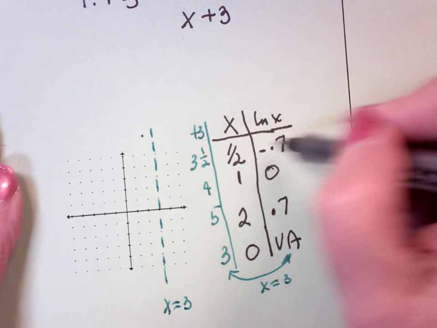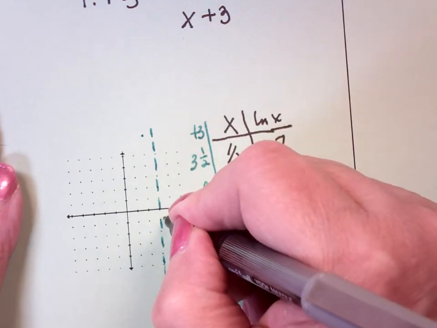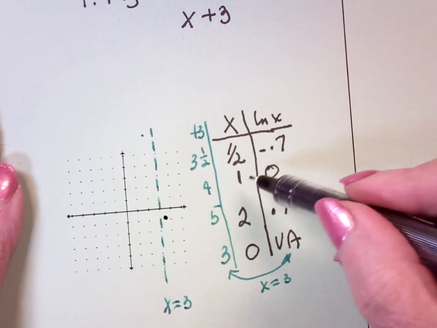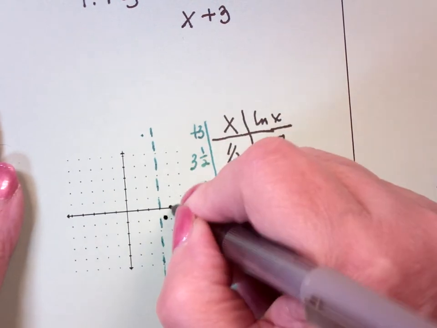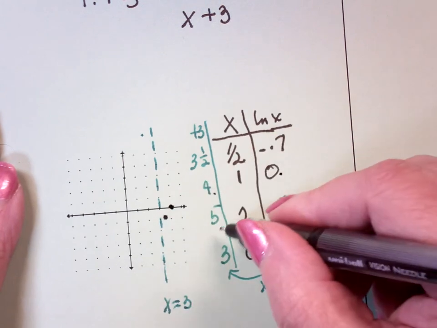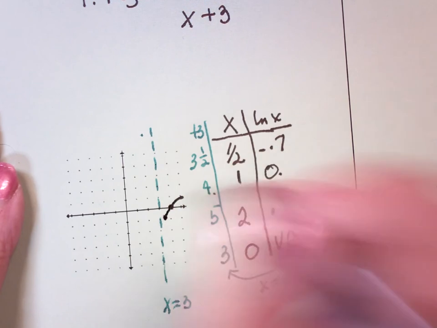At 3.5, I'm at negative 0.7, about negative 3/4. At 4, I'm at 0. At 5, I am about 3/4. See, there's your bend right there.